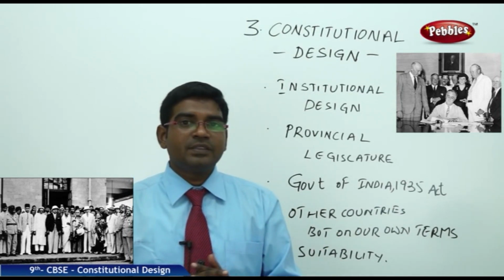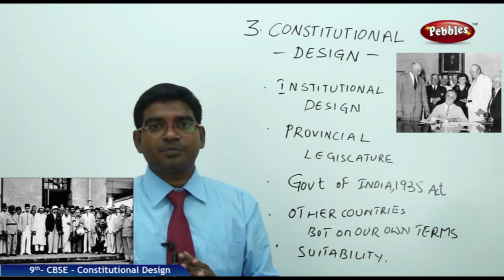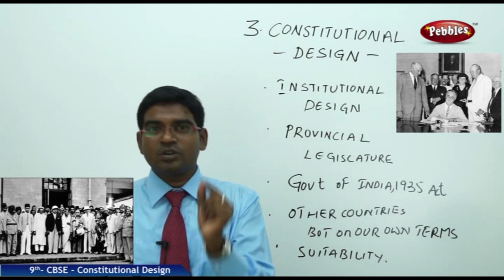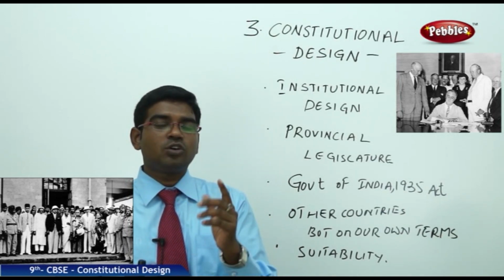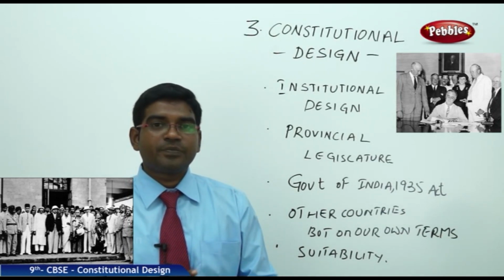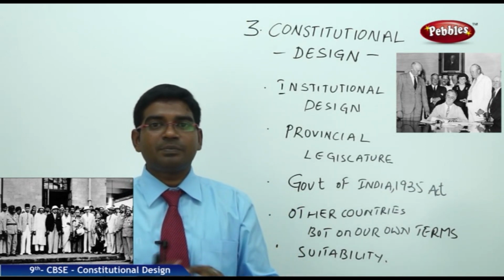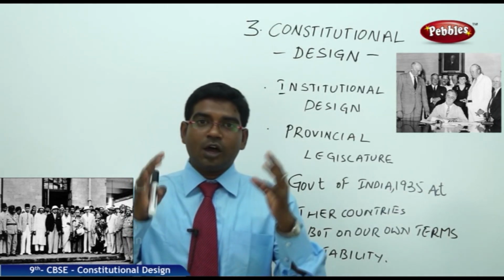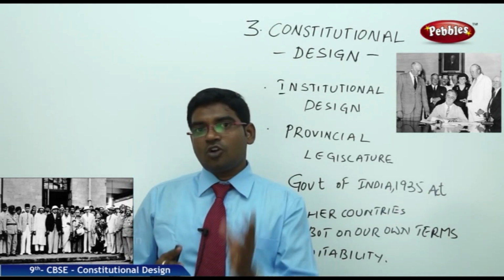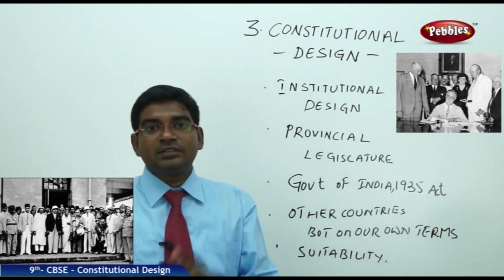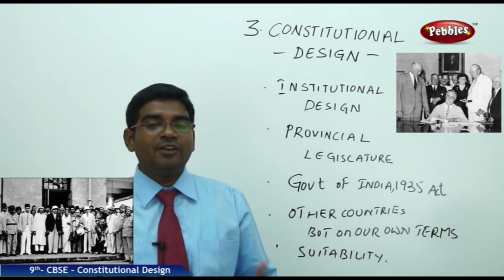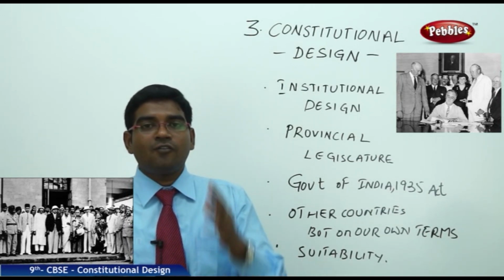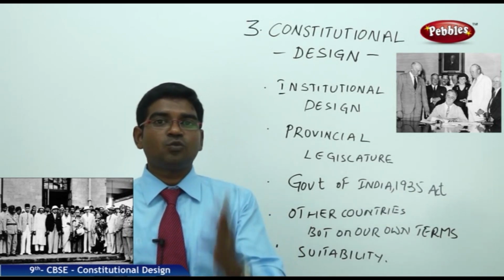For example, the provincial legislature was set up in 1937, and the elections were conducted giving only 1% of Indians the right to vote. So the provincial legislatures were set up in India, and many of the Indians got a chance to observe that, and some also got a chance to be a part of it, some got elected, and finally most of the Indians gained the actual experience and knowledge of how a provincial legislature works.